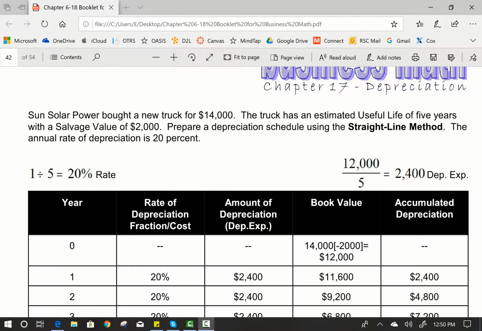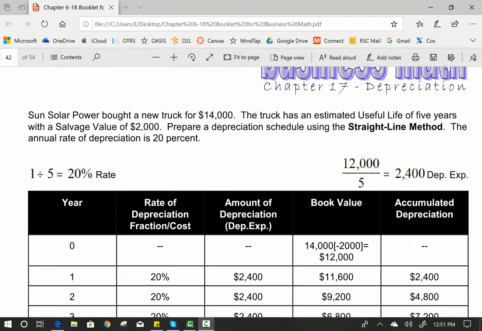So I have a scenario for the straight line and the double declining balance method, and I believe those are the only two that I'm thinking of right now. Whenever you're doing the straight line method of depreciation, here is an example: Sun Solar Power bought a new truck for $14,000.